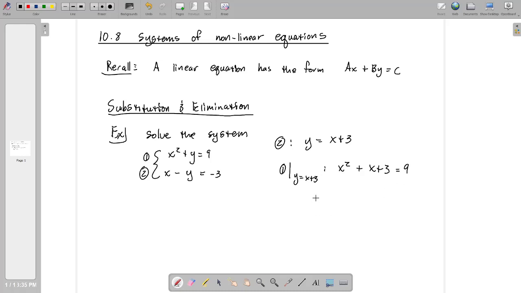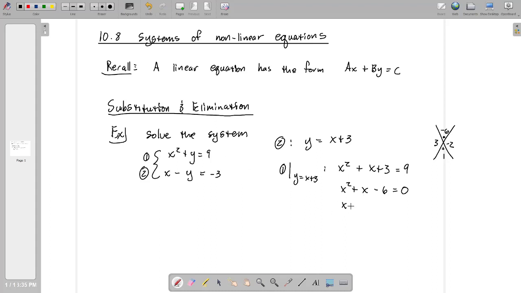Then we solve this quadratic equation just like we would solve any quadratic equation in chapter 2. Set it equal to 0 by subtracting 9. We have x squared plus x minus 6 is equal to 0. And then we factor. Here we're looking for two numbers that multiply to -6 and add to +1. That's going to be 3 and -2.